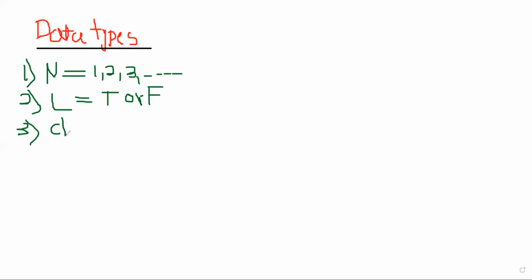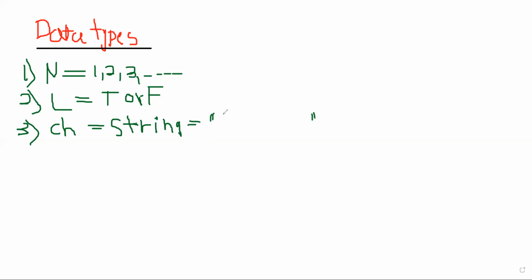Then we talk about the character data types. Character data types means what? Basically, it means the string. And a string means what? The sequence of alphabets. If you want to write down any name or any word, that is considered a string or a character. While writing any character, we always use a double quote or single quote.